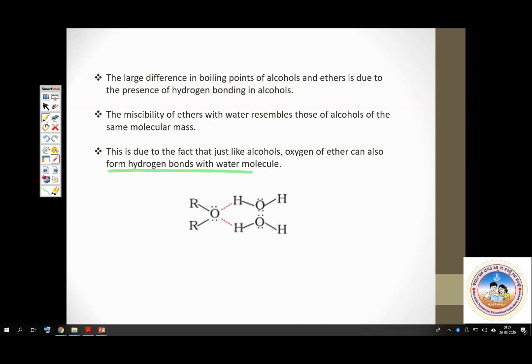Question number 27. This is a question on a physical property of ether. The compound in which hydrogen bonding is not possible is, you have to see in which case hydrogen bonding is not possible. Ethanol, hydrogen bonding is possible. Water, we very well know, intermolecular hydrogen bonding is possible. Acetic acid, also hydrogen bonding is possible.